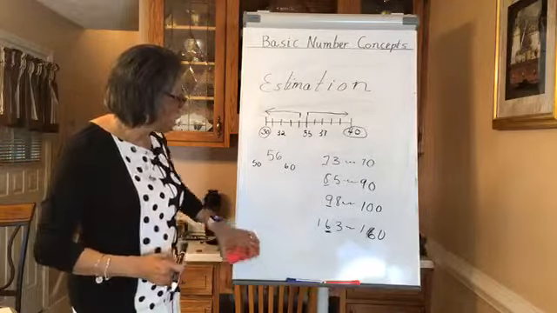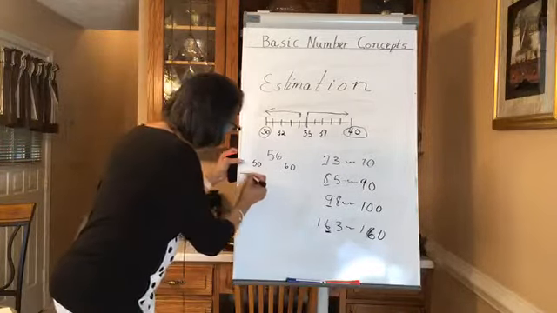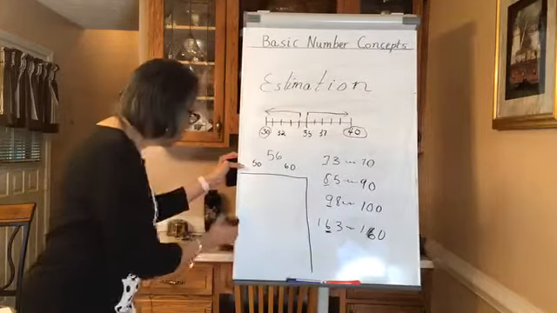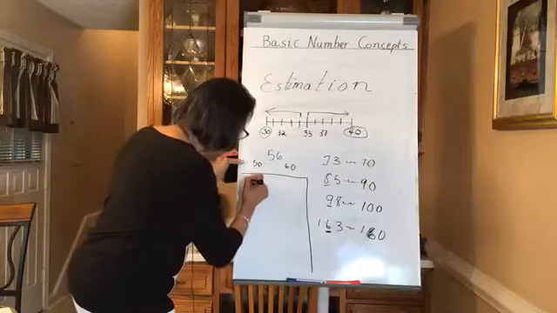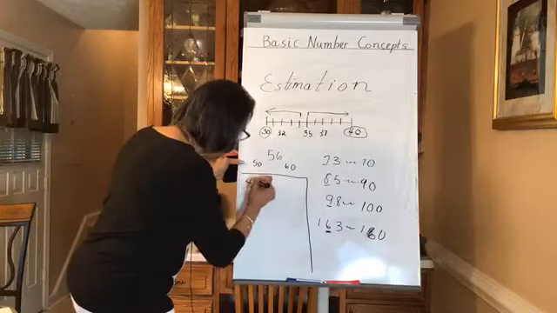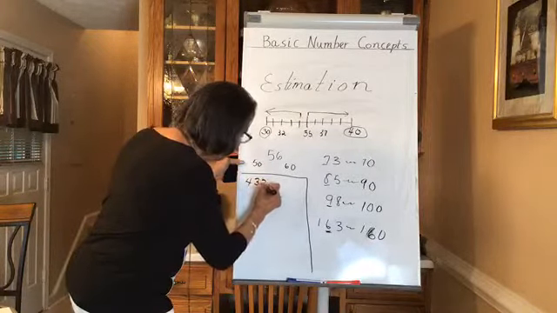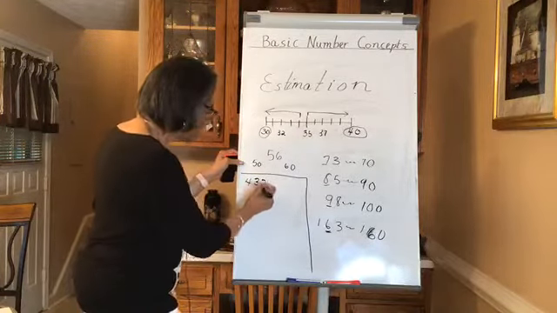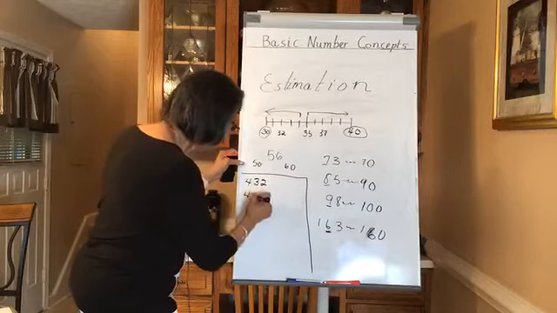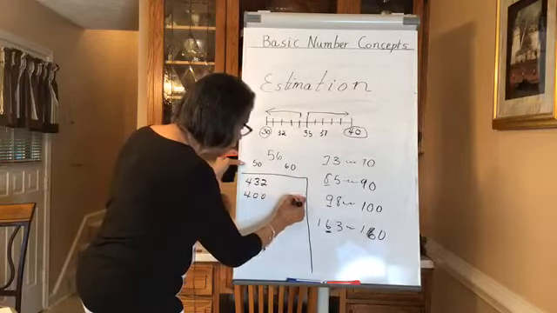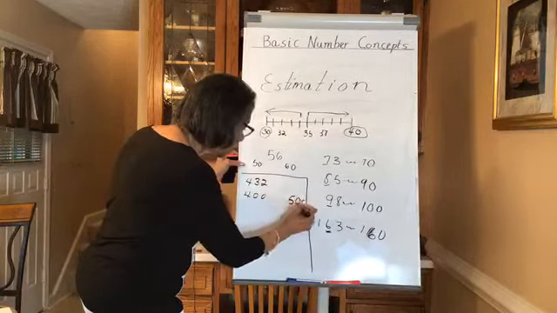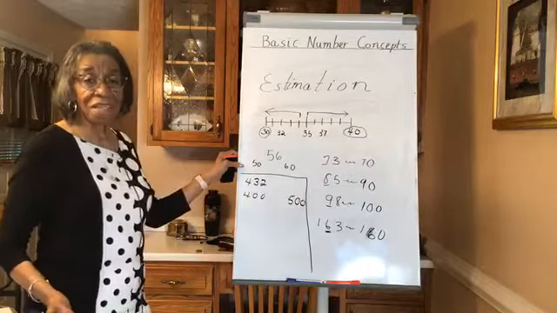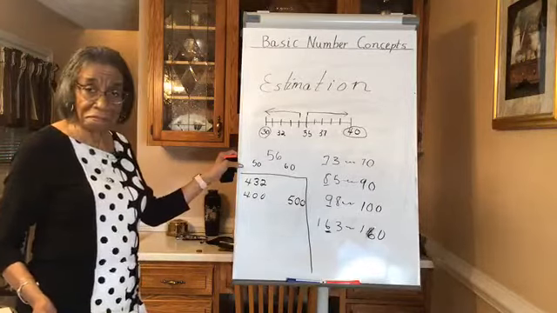Without my saying anything, just to see how many got the principle, I'm going to do 432. And that's between 400 and 500. All right. What's halfway between 400 and 500?